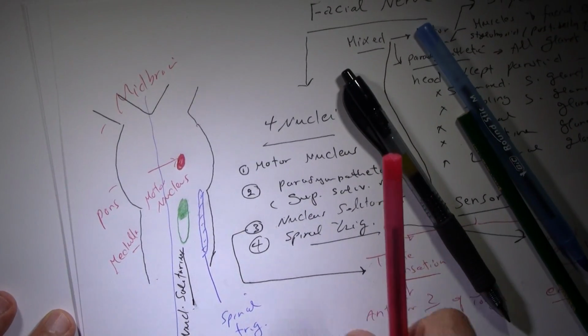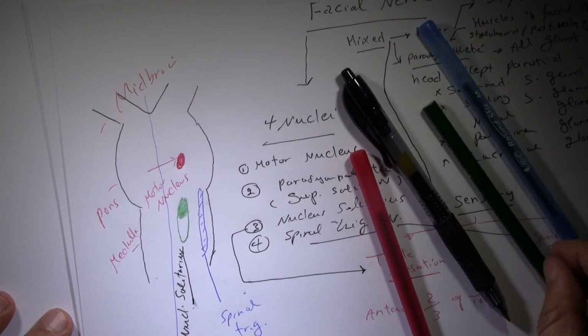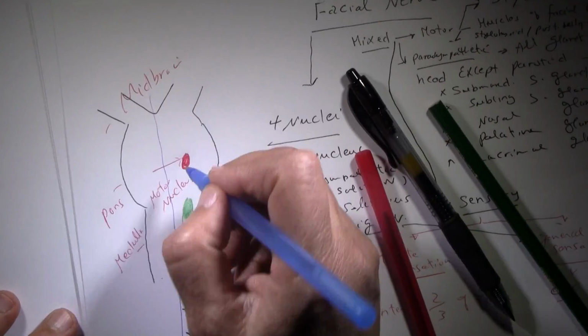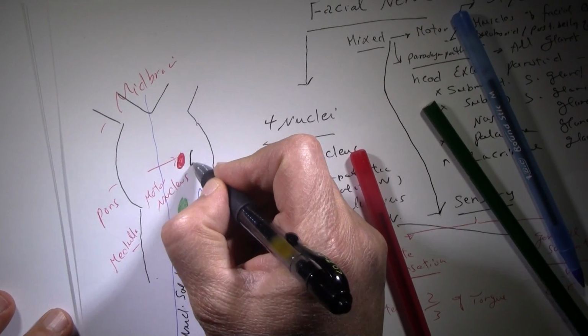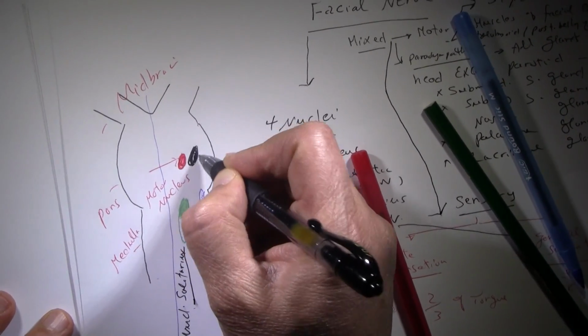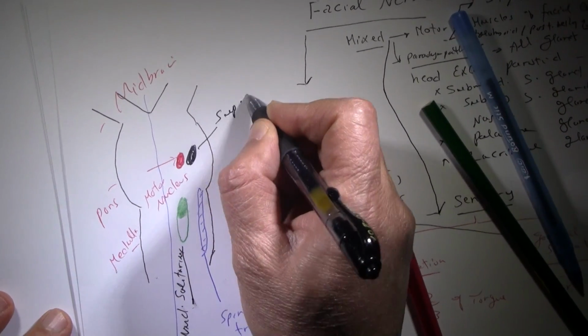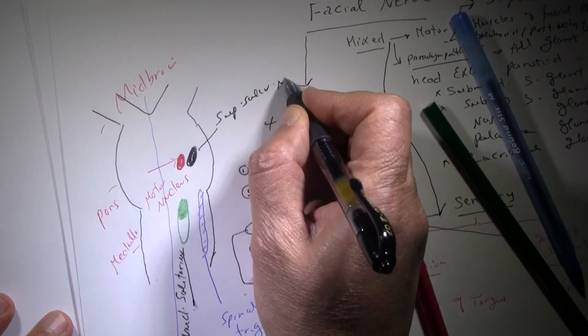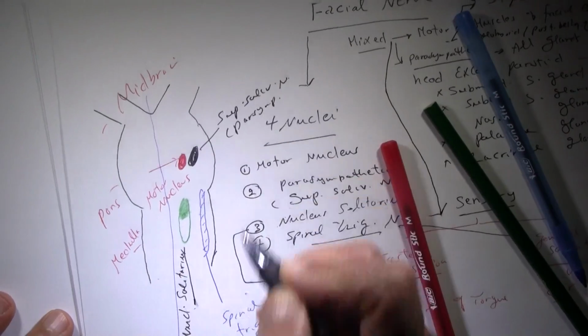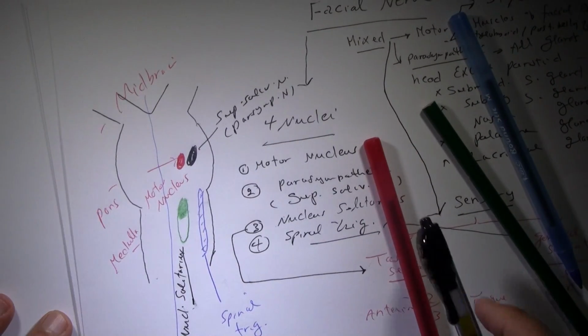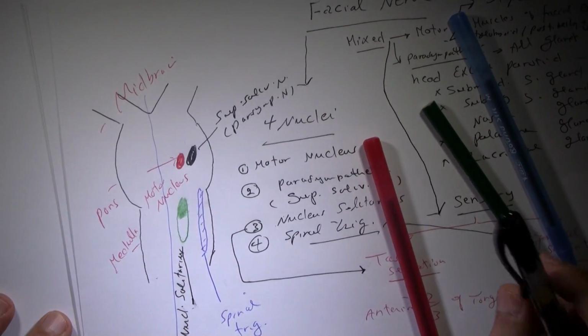Then we have the superior salivatory nucleus, located also in the pons, and this is the parasympathetic nucleus. So we have four nuclei in the brainstem.